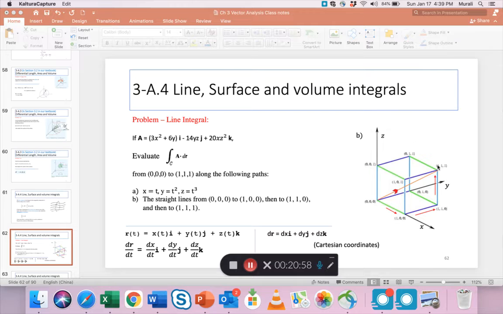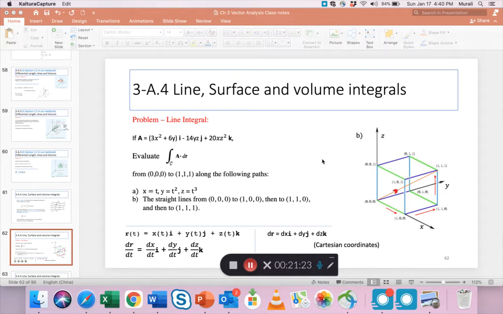But instead of going straight, he wants us to go from (0, 0, 0) to (1, 0, 0), which is along the x-axis. Then he wants us to go to (1, 1, 0), which is parallel to the y-axis, and then climb up on the z-axis to (1, 1, 1). So this is a path to follow.